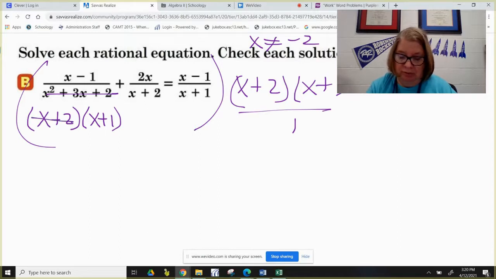In the first fraction, the x plus 2's cancel and the x plus 1's cancel. In the middle fraction, the x plus 2's cancel, but the x plus 1 is left.